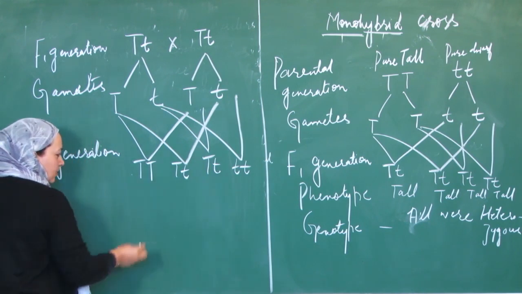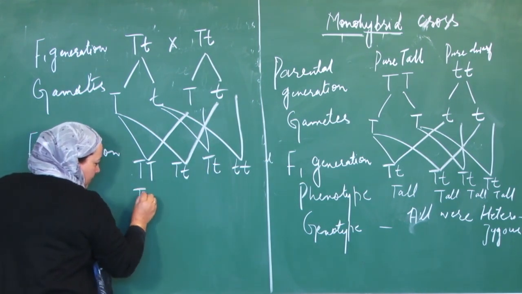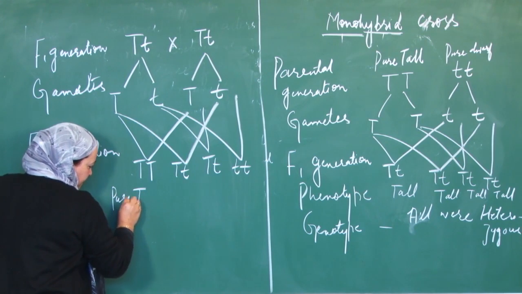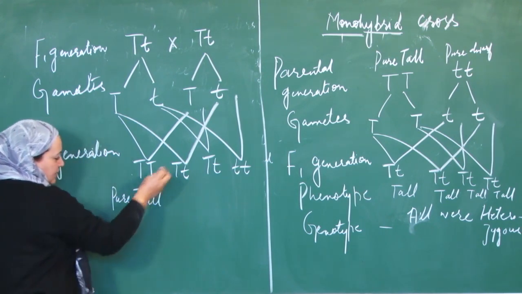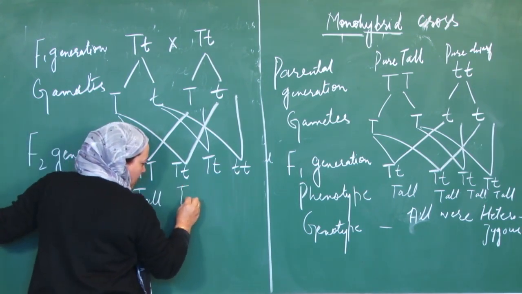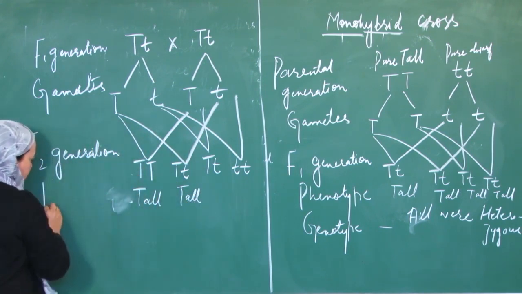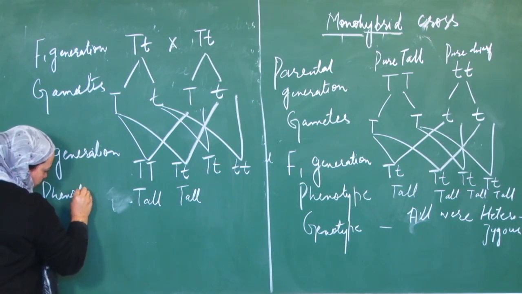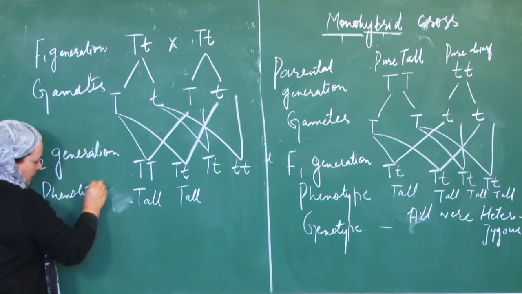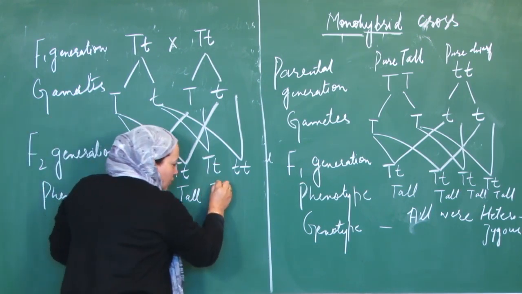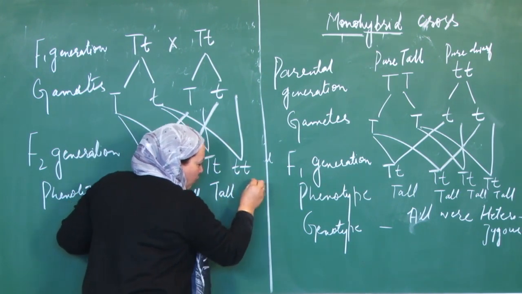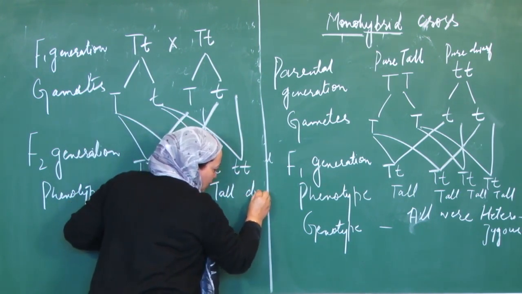Number one, tall, pure tall. This was again tall. What was the phenotype? 3 were tall and 1 was dwarf.